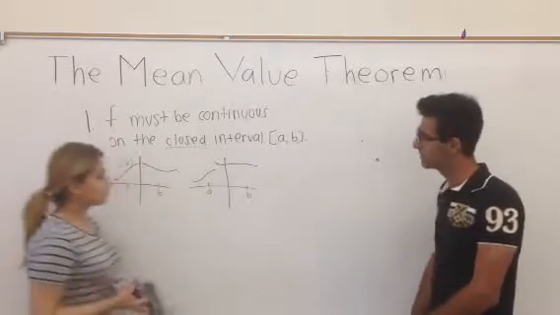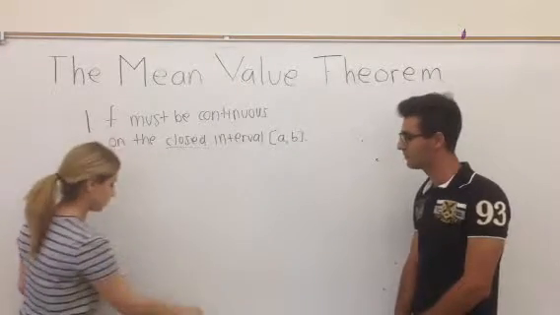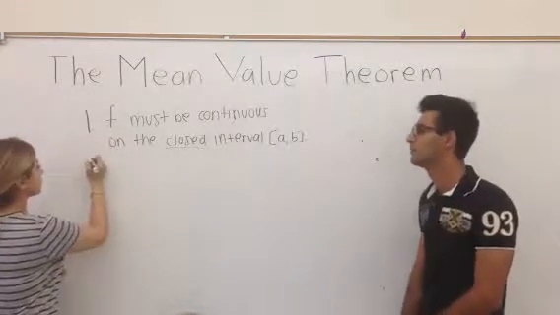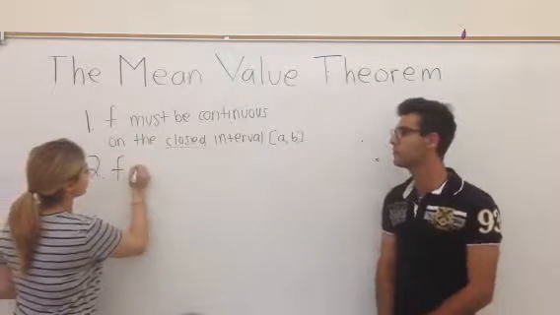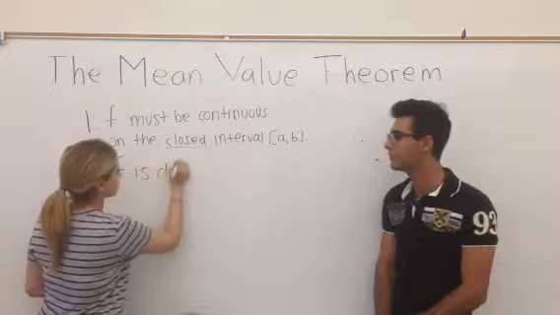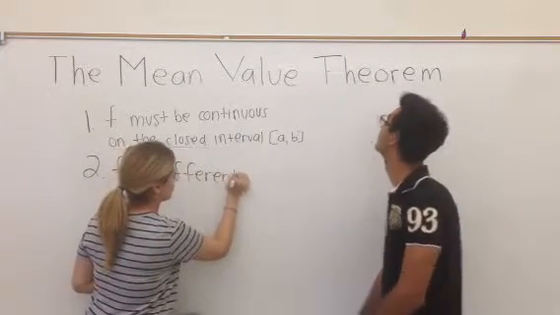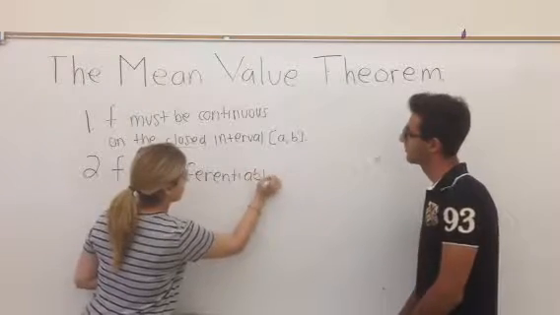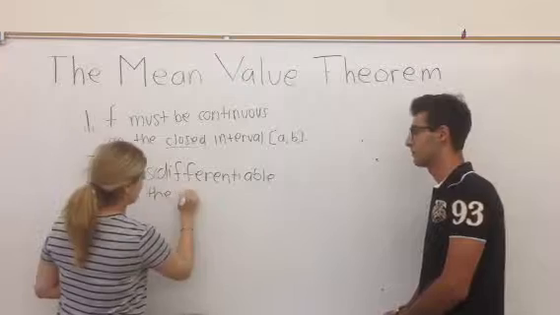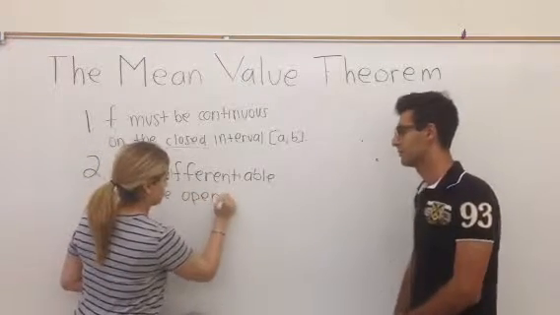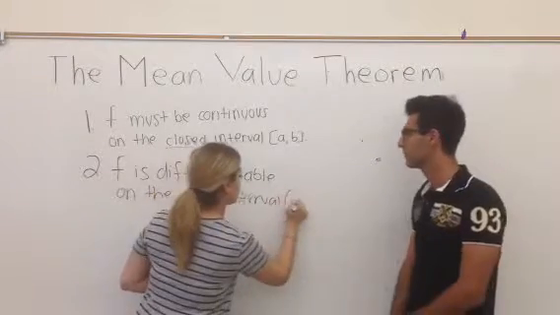So now that we hopefully understand the first condition, let me write down the second condition of the mean value theorem. The second condition simply says that our function f is differentiable on the open interval a, b.